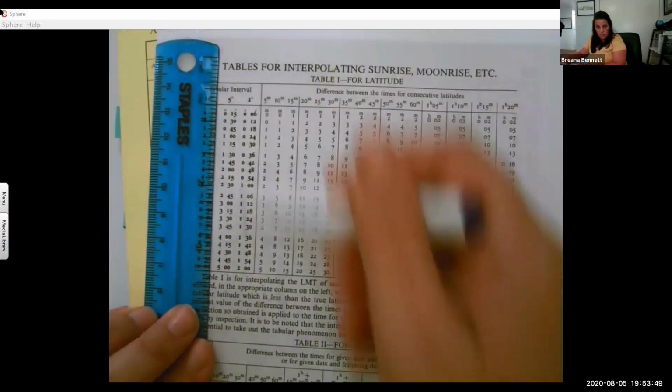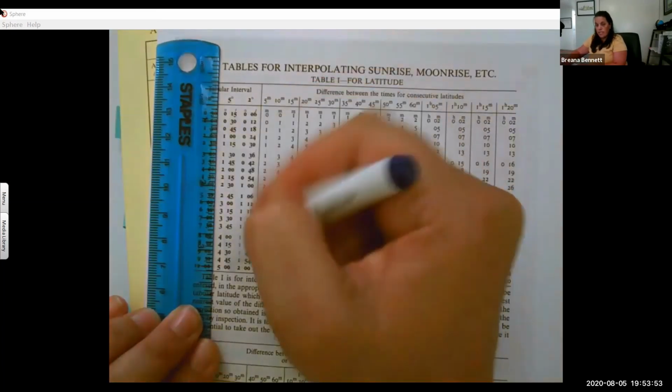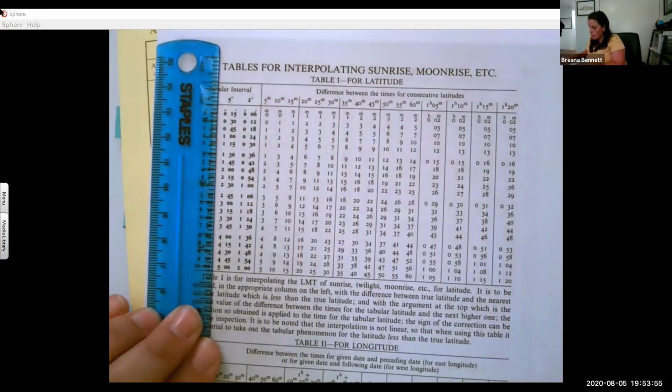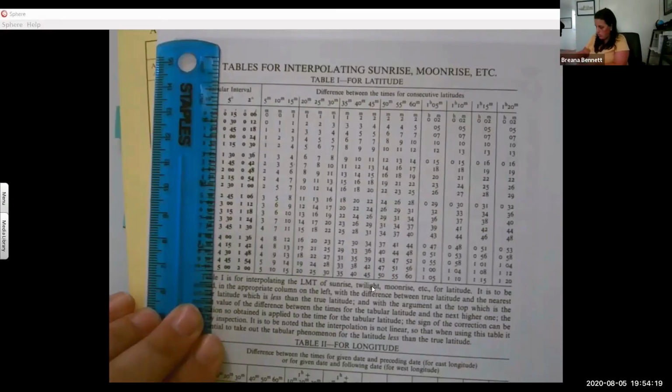5 tabular difference. So we are going to be in this column for 5. So now I want to know what is my tabular difference. And we're always going to go from the bottom. Let me make sure I get that right. I'm pretty sure that's right. Pretty sure we're always going to go from the lower latitude.